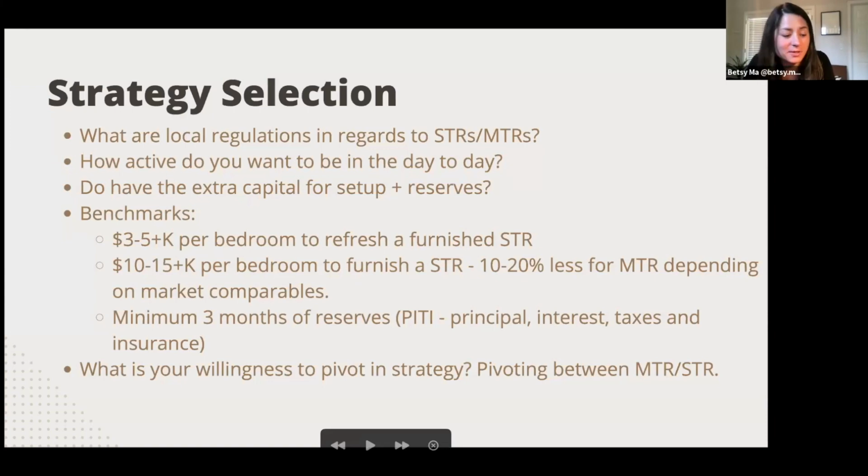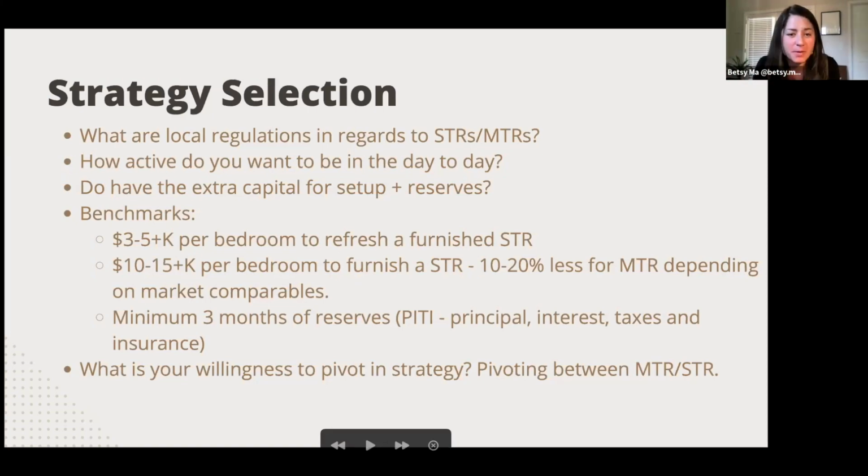Are you a surgeon that's in surgery for 4 hours straight? That's going to be a problem if you're a short-term rental host and you don't have someone else that can back you up. But the benefit is, if you are unable to be by your phone, you usually have some extra capital for setups, for buying properties, for setting them up, for the reserves.